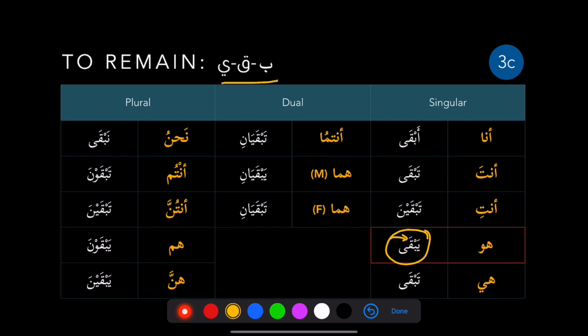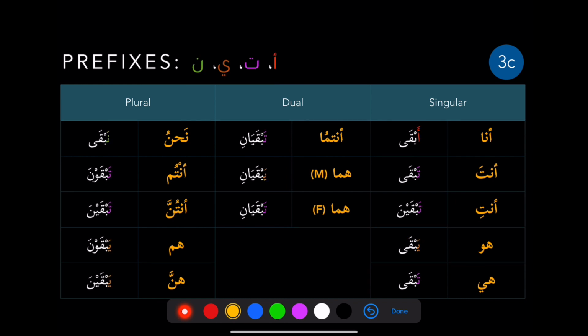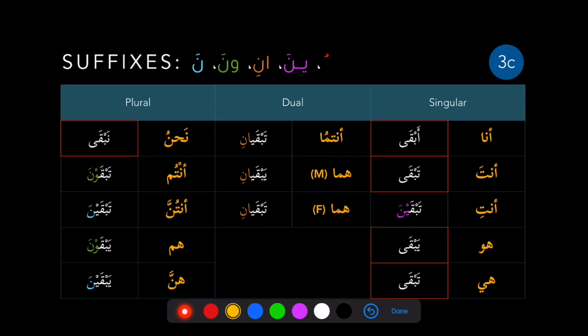Now let's examine the transformations that resulted from this conjugation. First, note that the prefixes, as usual, remained unchanged, but then notice that we lost the dhamma suffix. This is the case for all defective verbs. The dhamma will either get absorbed into the waw if the waw is a final radical, or it will be dropped in favor of the ya, or in this case, the alif maksura.